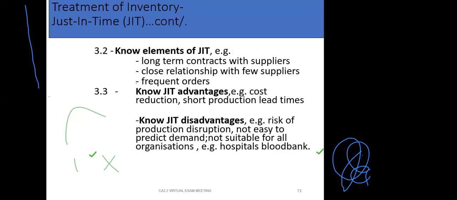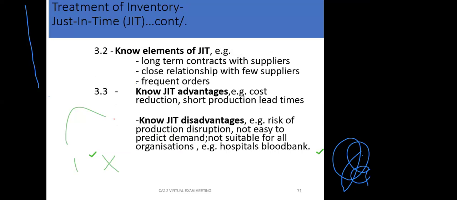What are some of the elements of JIT? You should know these elements. One, there are long-term contracts with a few suppliers. Long-term contracts, they'll be supplying for 3 years, 4 years. There is a close relationship with fewer suppliers. And those long-term contracts, you phrase them in such a way that the suppliers themselves check for quality.